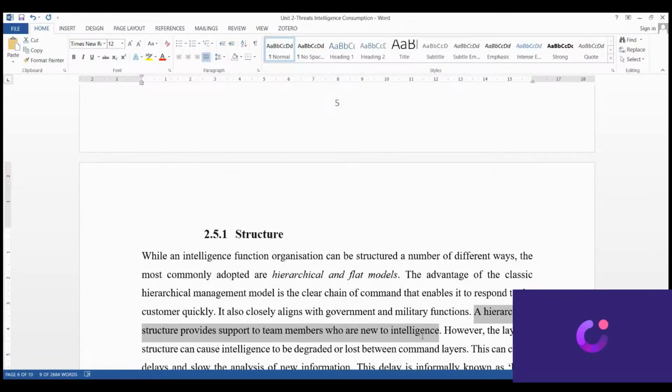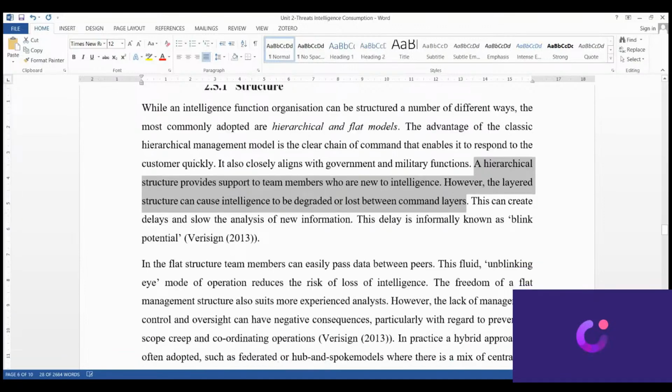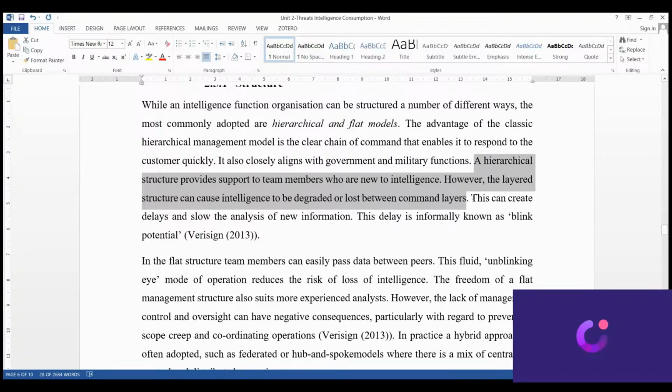However, despite these advantages, the layered structure can cause intelligence to be degraded or lost between command layers, because if you move commands through different levels or layers, this can cause problems. It can create delays and slow the analysis of new information.